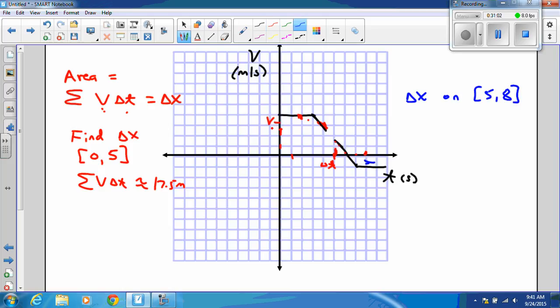What I notice is that we now have some area above the axis and some area below the axis representing negative velocities. So we're going to interpret those negative velocities as giving us backwards displacement. If I'm moving to the left, then I would get negative meters of displacement out of it.